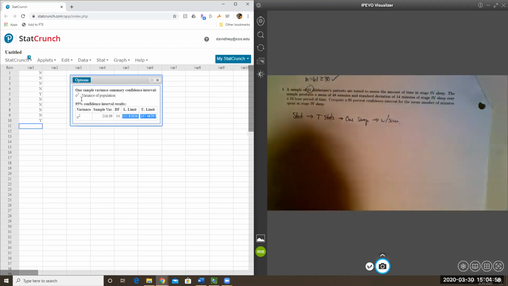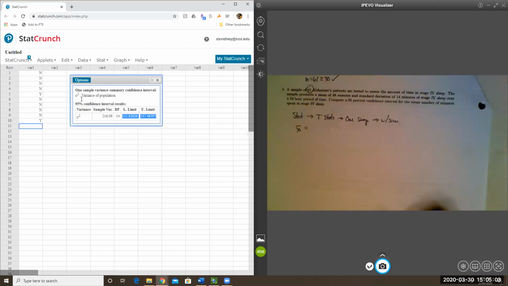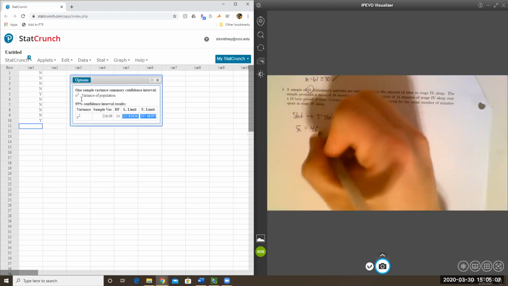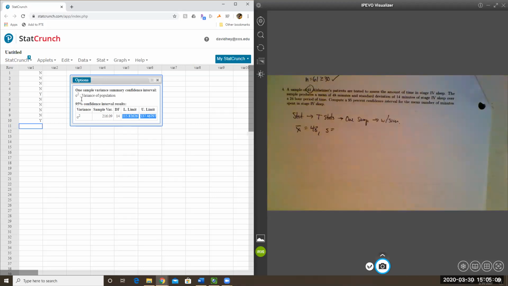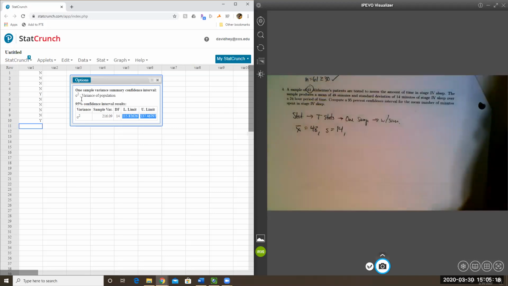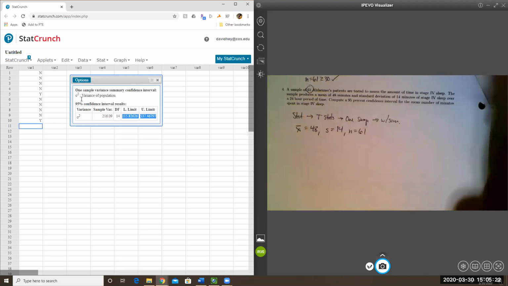When we go here in StatCrunch, we'll be prompted for the mean, which in this case was 48. We'll be prompted for the standard deviation. Give the video a pause, see if you can find the standard deviation in the problem, but it should be 14. We'll be prompted for the sample size, which I just wrote down a second ago, and is 61.